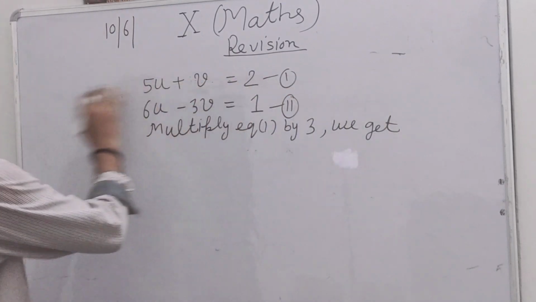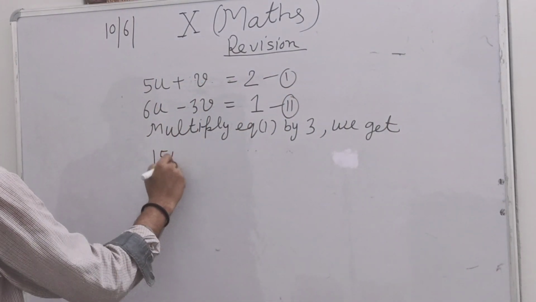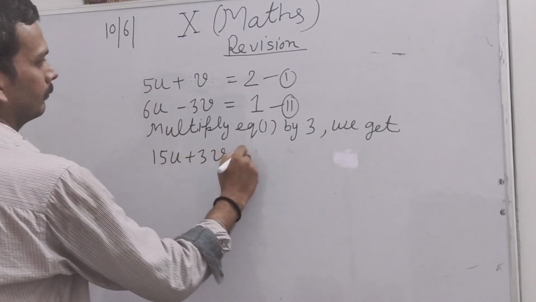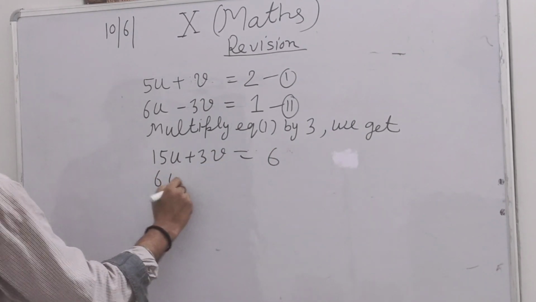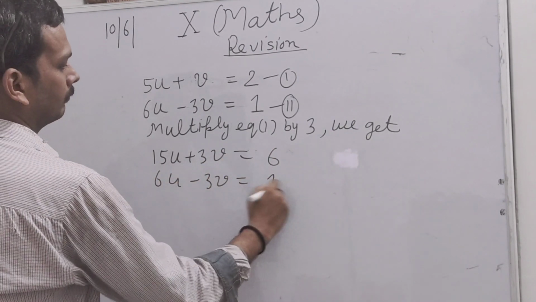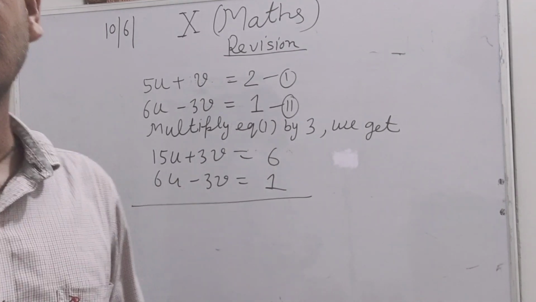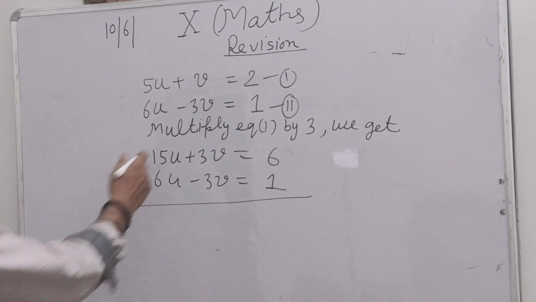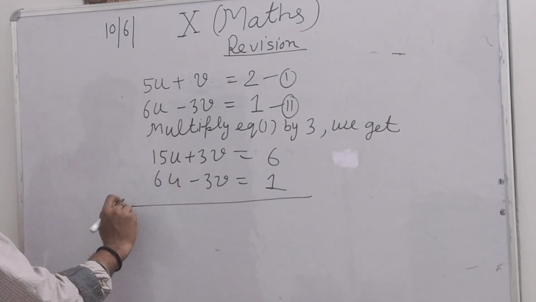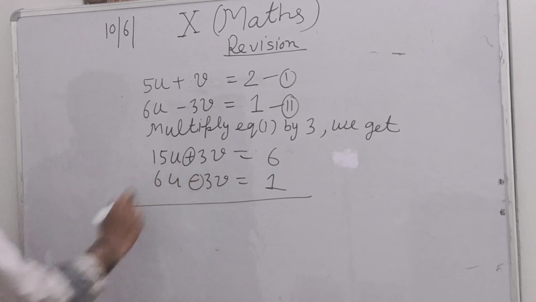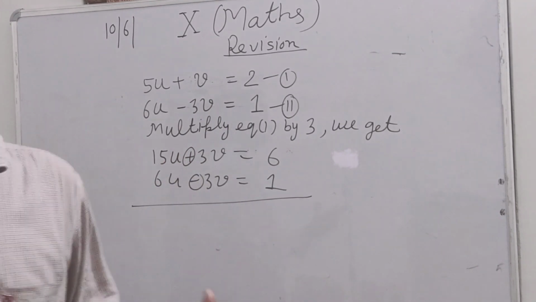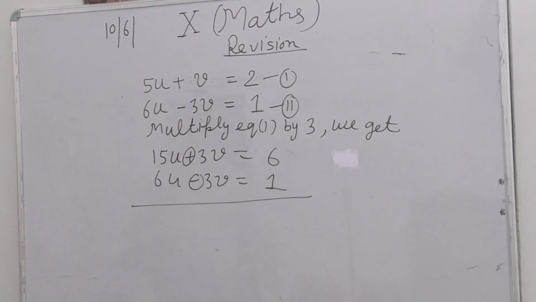We get, now it is 15u plus 20. Both have opposite signs, so they will directly cancel, and if they are with the same sign we will subtract.